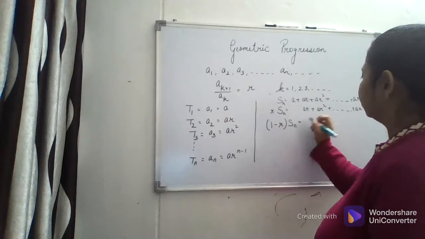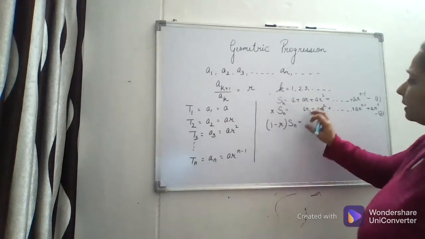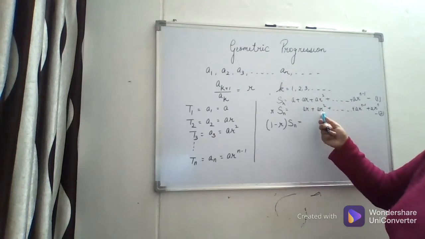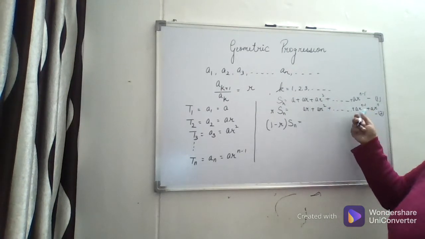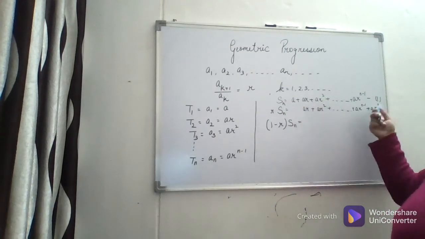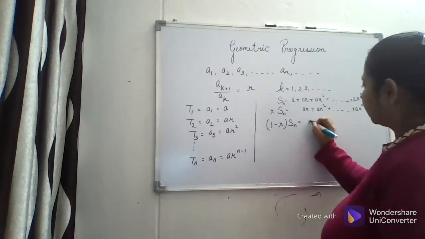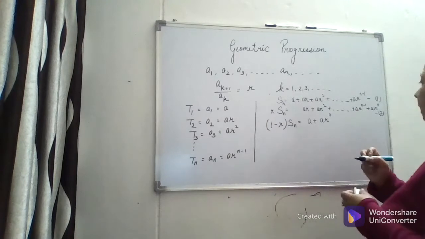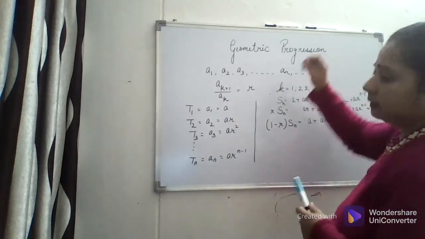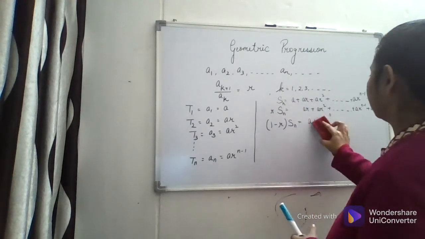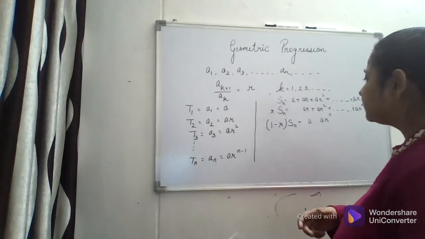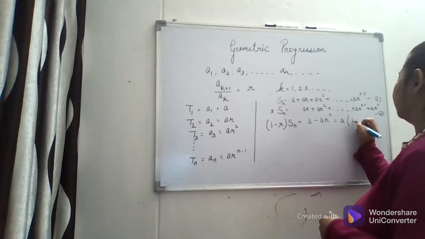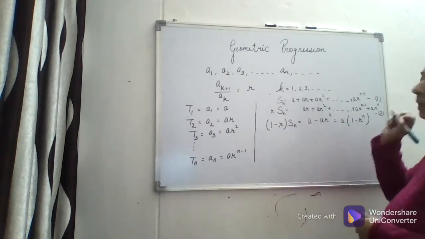So when I subtract, you will find that AR will cancel, AR square will cancel. Until AR^(N-1), I am left with A and AR raised to power n, with a minus sign because I am subtracting. So this comes out to be A common, (1 minus R^n).